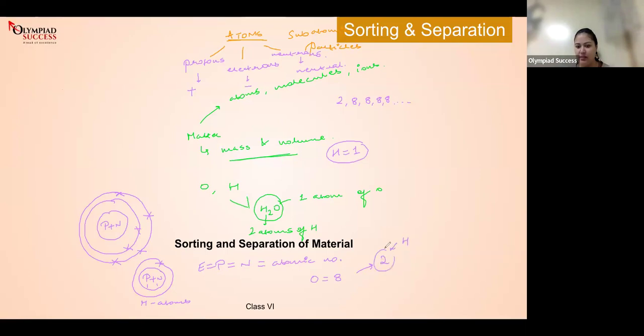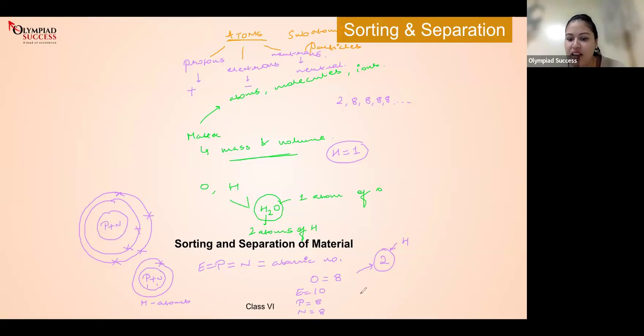Now the number of electrons becomes 10, the number of protons is still 8, and the number of neutrons is also 8, correct? That means oxygen now has 2 extra electrons.